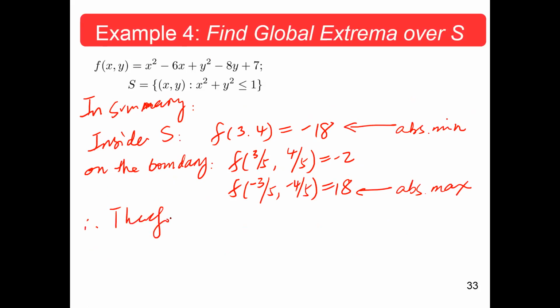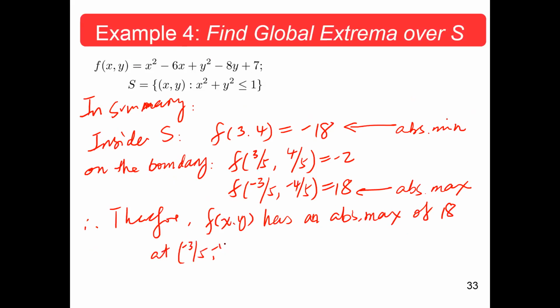Therefore, the function f of x, y has an absolute max of 18 at the point -3/5, -4/5.